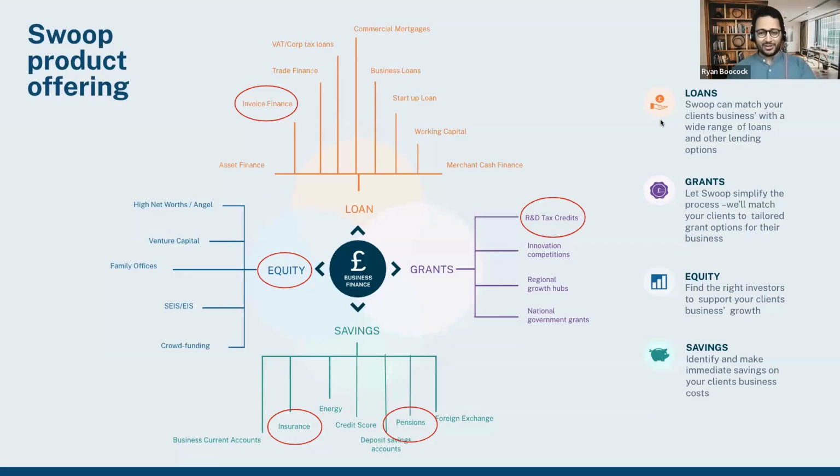We're looking for cases that will reflect well on the client, on yourselves as their advisor, and on Swoop as well. So we're not looking to fit a square peg in a round hole, but we can absolutely rely on the expertise to take that from start to finish, and even look at things like advances for R&D too, whilst looking into, say, grants at the same time.